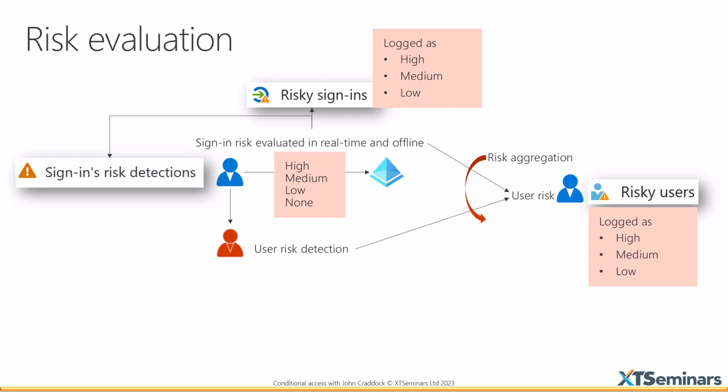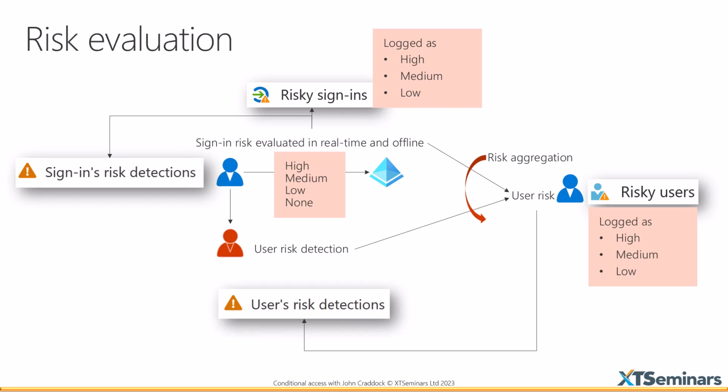And then, of course, what will happen is we will have a risky user, which could be high, medium, or low. Again, they could be coming from sign-in events. The risk could be coming in from user risk detection events like leaked credentials. And what they do, if you want to see them broken down, is you look at the user risk detections.